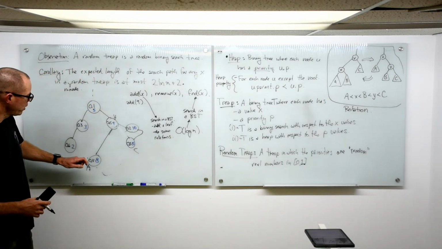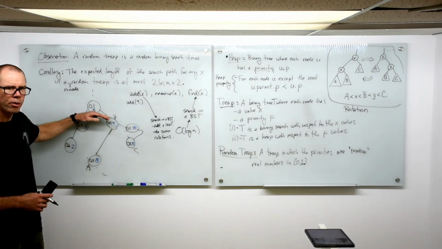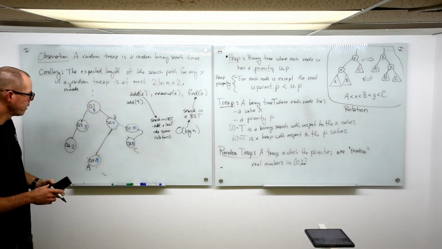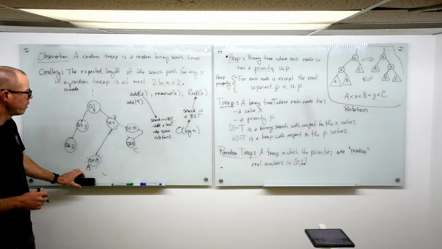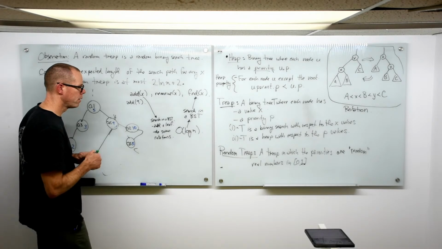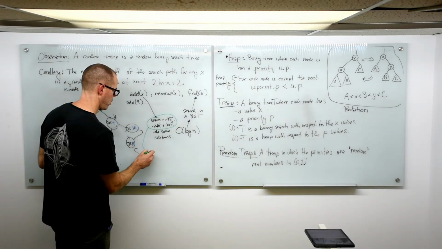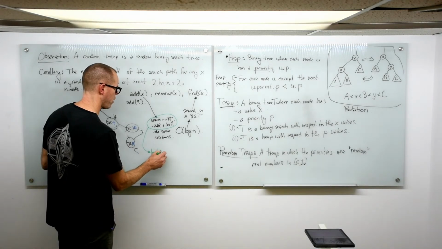And each rotation brings the node that we've just added closer to the root. Okay. So let's think about how long this takes. The search is just, the time that takes has to do with the length of the search path.